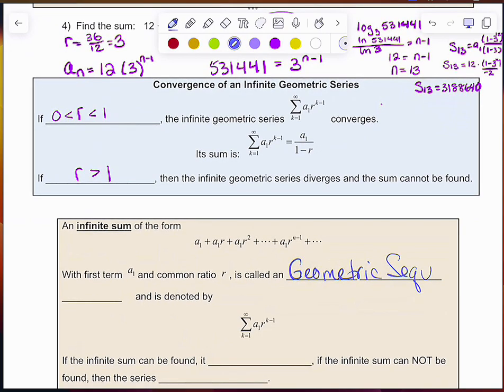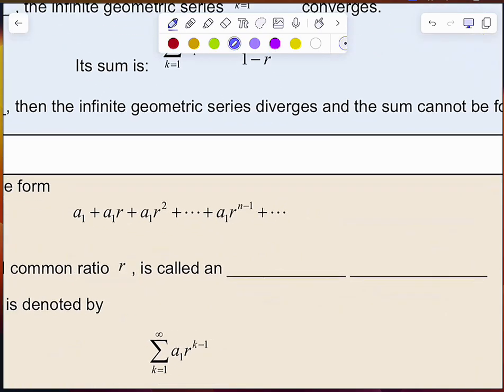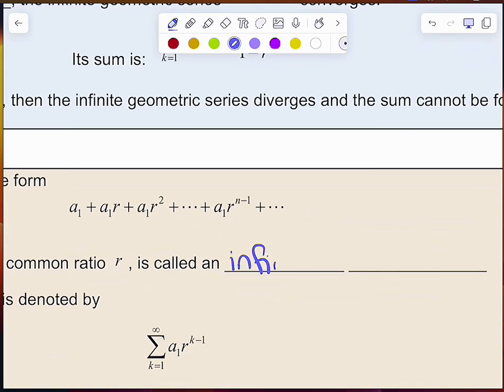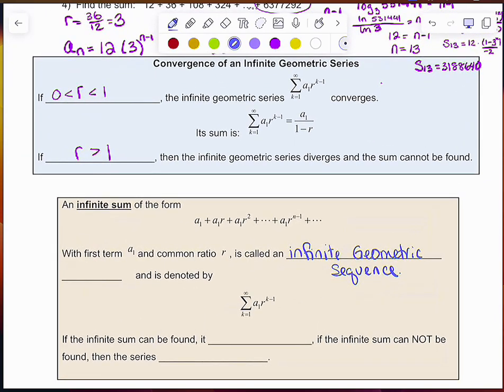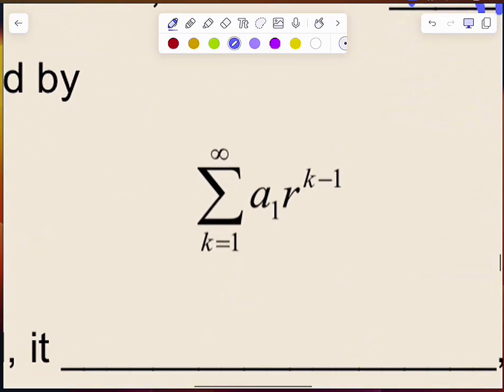Shouldn't it be geometric? Oh, I think it wants infinite. I hate these fill in the blanks because I never remember what they're supposed to be. It's called an infinite geometric sequence. Is there? Yeah, there's a third line over there. So infinite geometric sequence. And the reason is that the sum goes from 1 to infinity and it never ends.